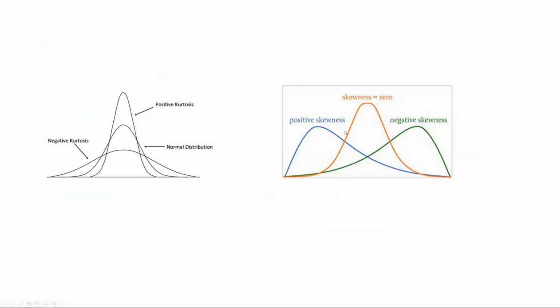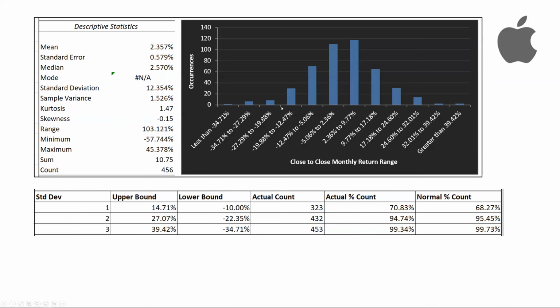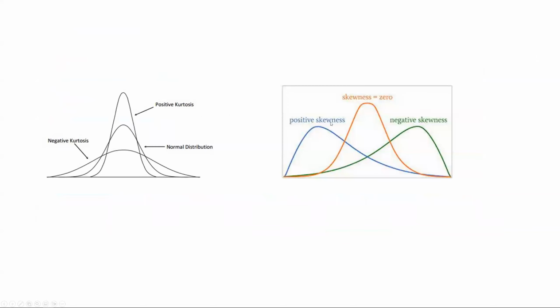And skewedness is, of course, whether it is skewed towards the positive side or the negative side. But this one you have to be careful. Positive skewedness is skewing towards the left-hand side, meaning there are more negative data. And negative skewedness means it is skewing towards the right-hand side, meaning there are more positive data. Okay, so this positive and negative, don't mix up.